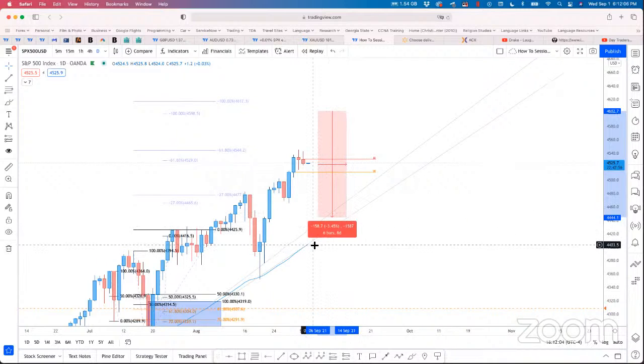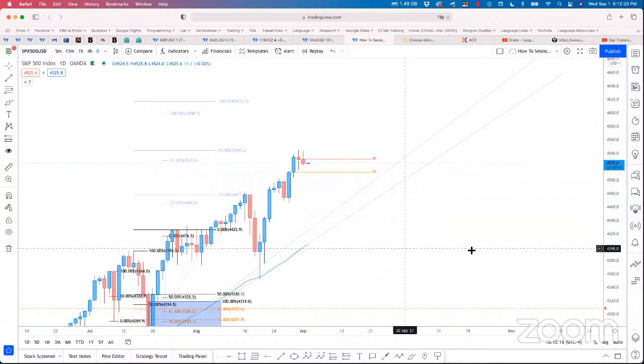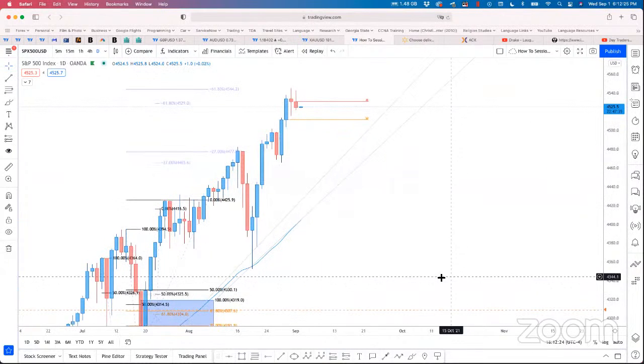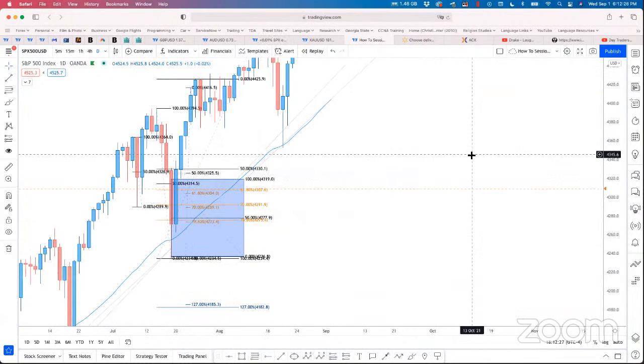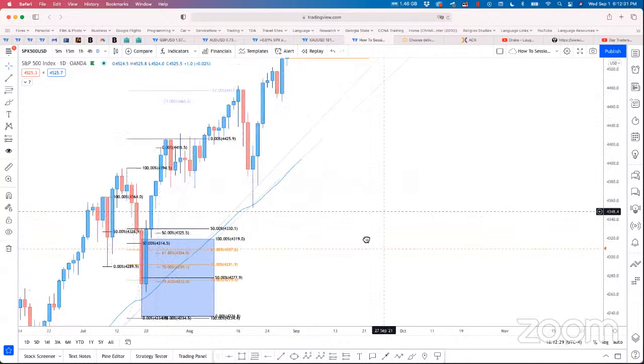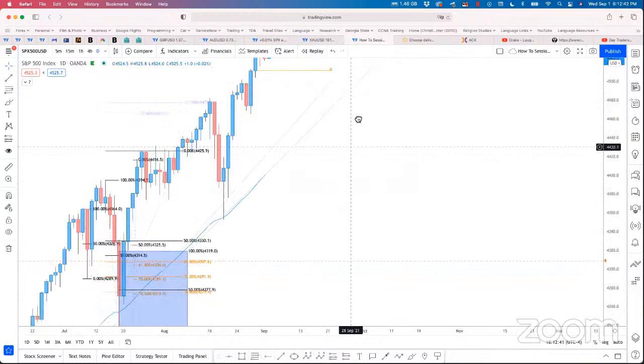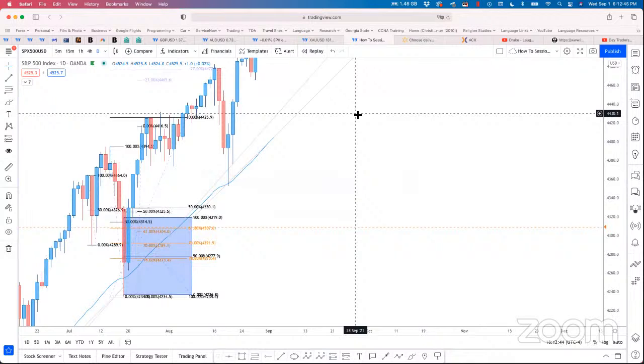Somewhere within this little space right here. The 50 should be somewhere along this area. Market geometry right now is lining up with this one more so. So cool, cool, cool.